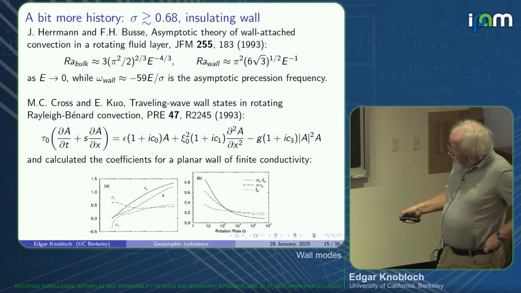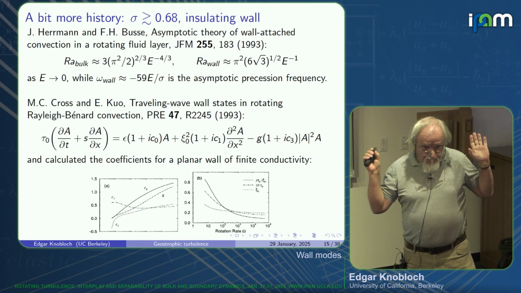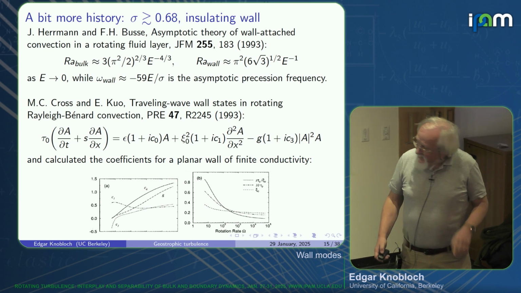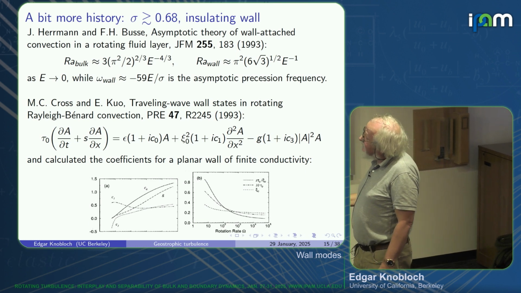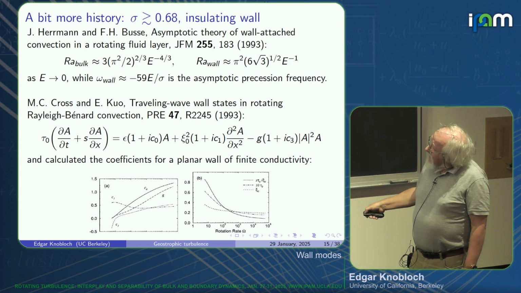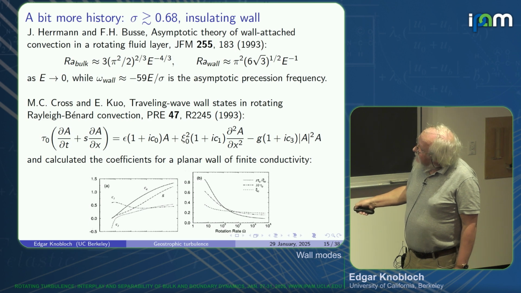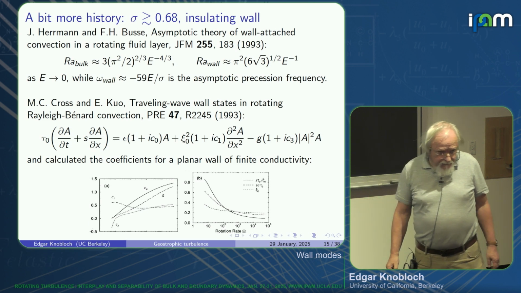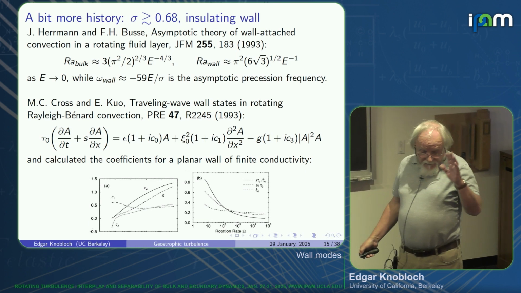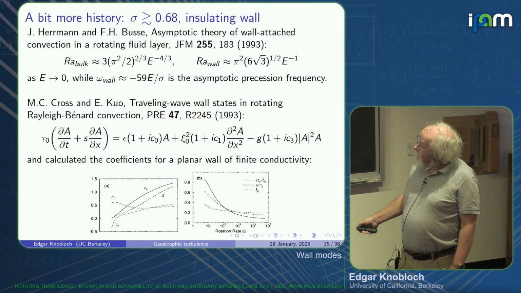There's a paper that for some reason nobody cites, published at the same time, also motivated by our linear calculation, and that's this paper by Cross and Kuo. And they derived this Ginzburg-Landau equation that's valid near onset of instability, again with different boundary conditions on the side.